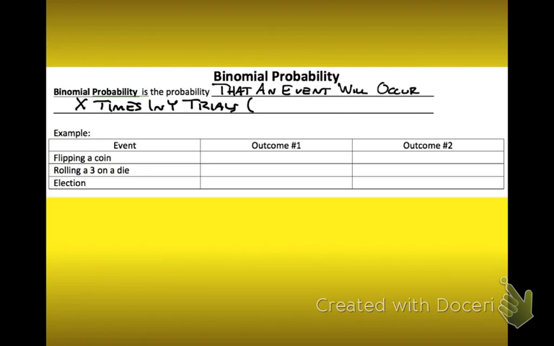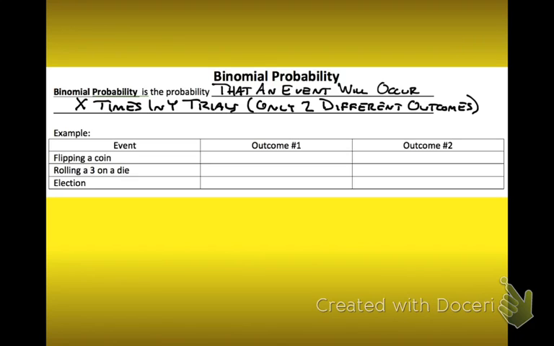And it's also important to note that there are only two different outcomes. So you have success and you have failure. There's only 2 things that can happen. You can be successful in what you're doing and get what you want, or you fail at what you're doing and you don't get what you want. It can't be multiple different outcomes.